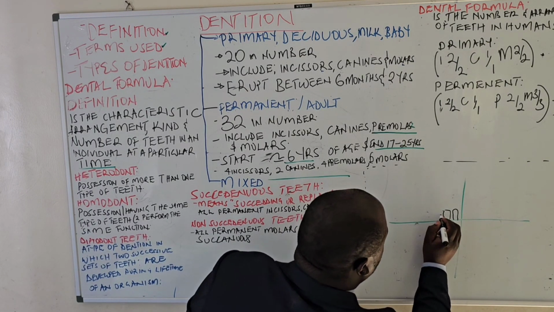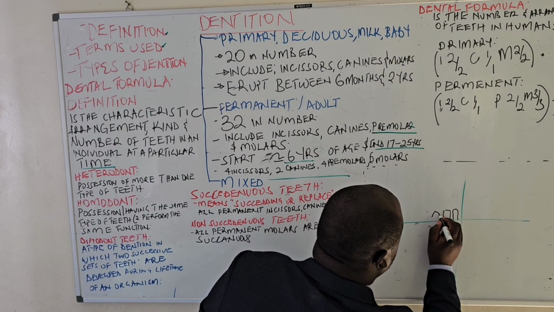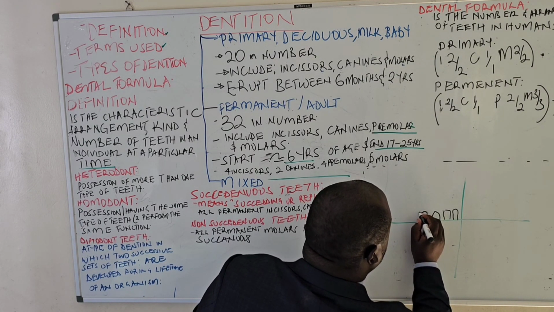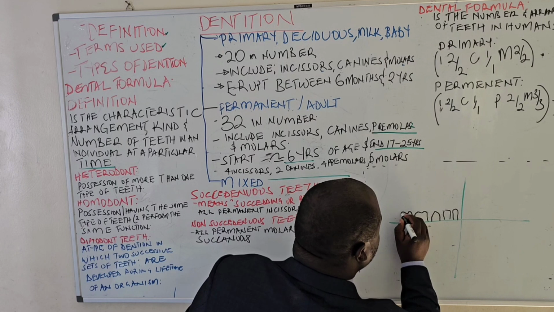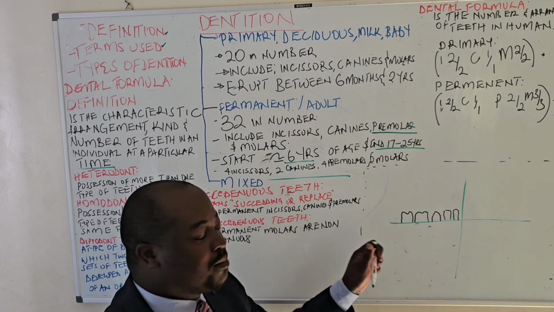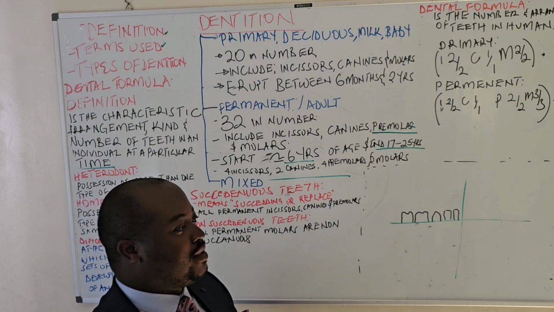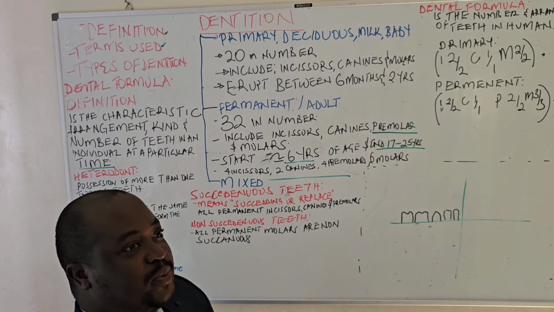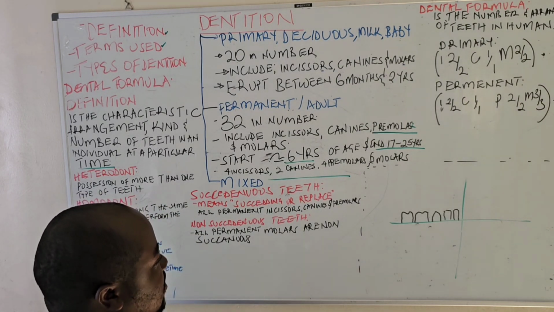We said we have 1 canine in 1 quarter of the mouth and 2 molars. I repeat that we do not have premolars in the primary dentition. So I'm still explaining succedaneous teeth.